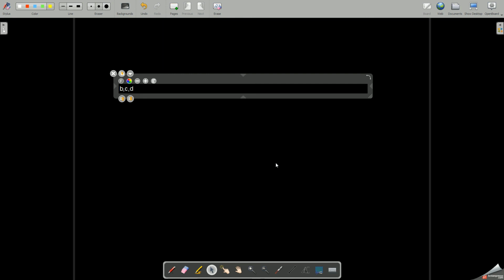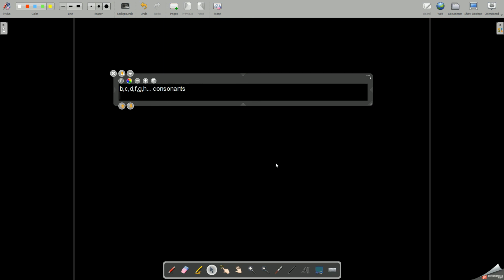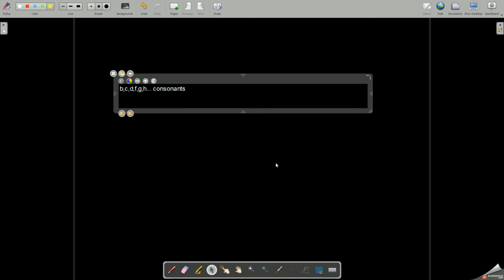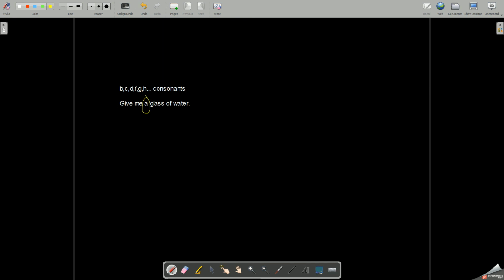F, G, H, these are all consonants. So we say, give me a glass of water. So here you can see we have used a, because the word after this, that is glass, starts with G and G is a consonant.